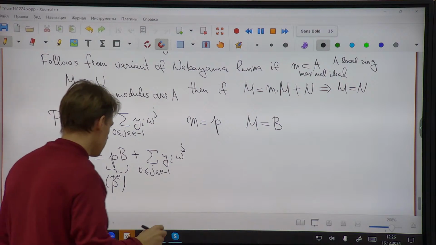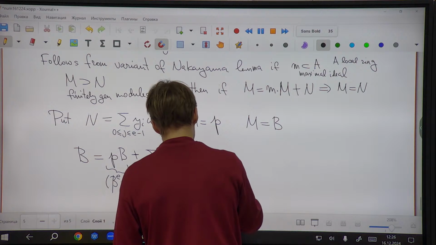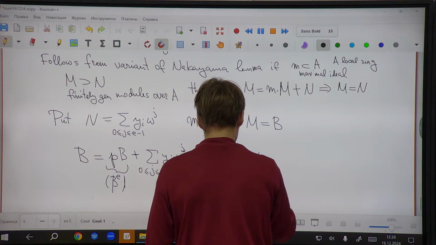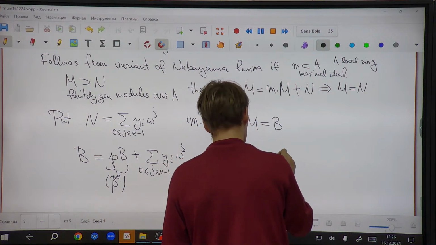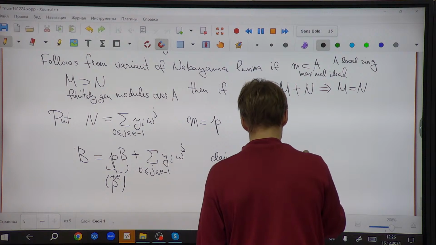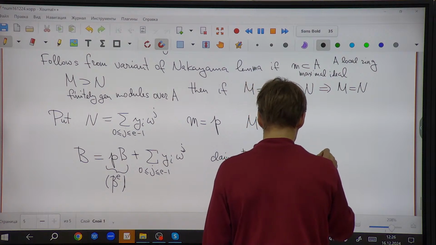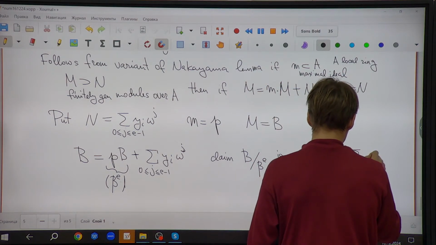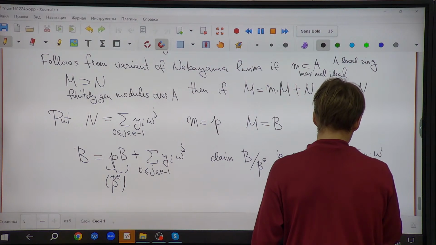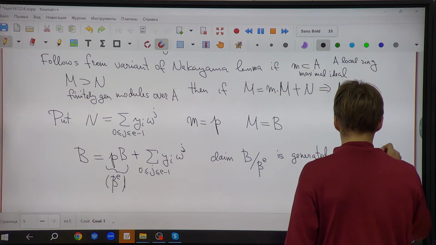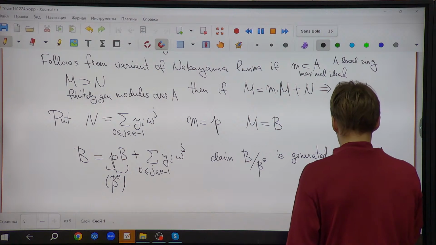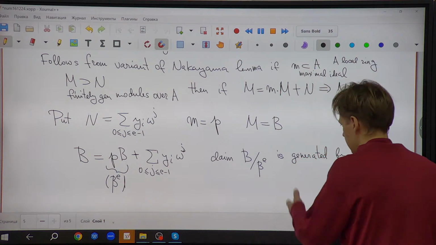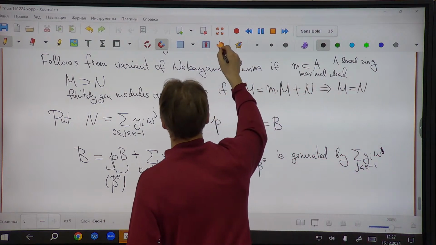So the claim is that B mod beta^e is generated by y_i omega^j, where j is less than or equal to e minus 1.